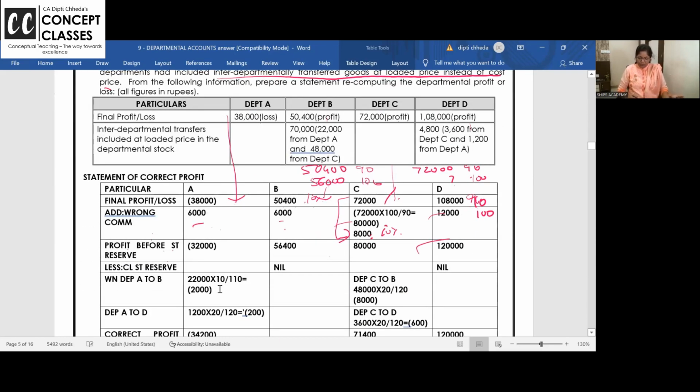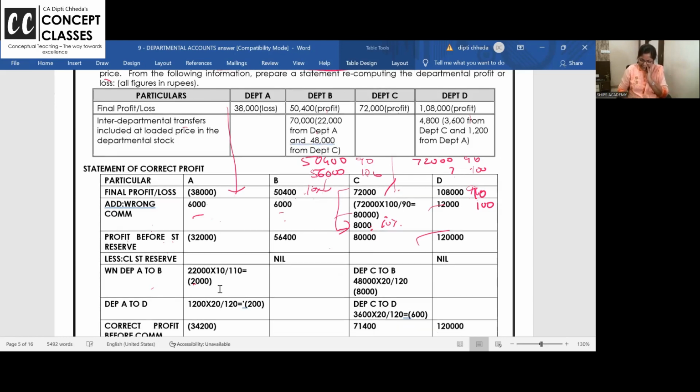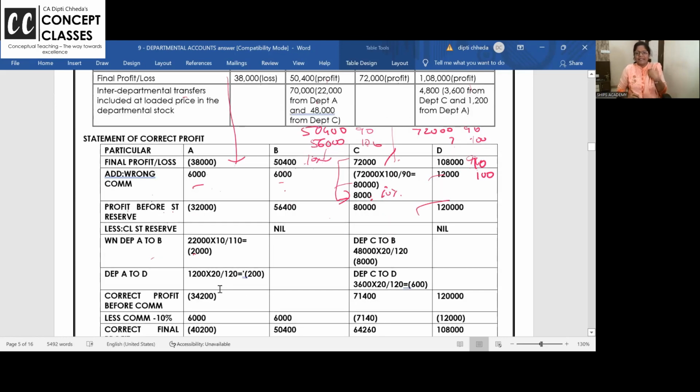देखो A ने B को कितने के goods भेजे हैं? Interdepartmental transfers included at loaded price in the stock. A has sent to B 70,000 के goods. But abhi bhi 22,000 are there in your stock from department A. Are you all getting? A is saying, I have sent you 22,000 goods at 110.